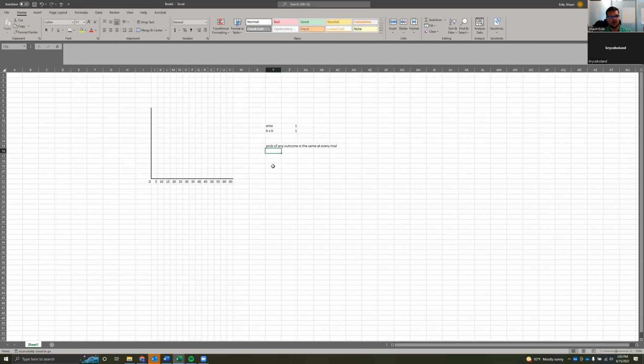Then we also have a set minimum and maximum. Notice this gets really confusing between the binomial probability distribution and the uniform. This right here is the uniform.